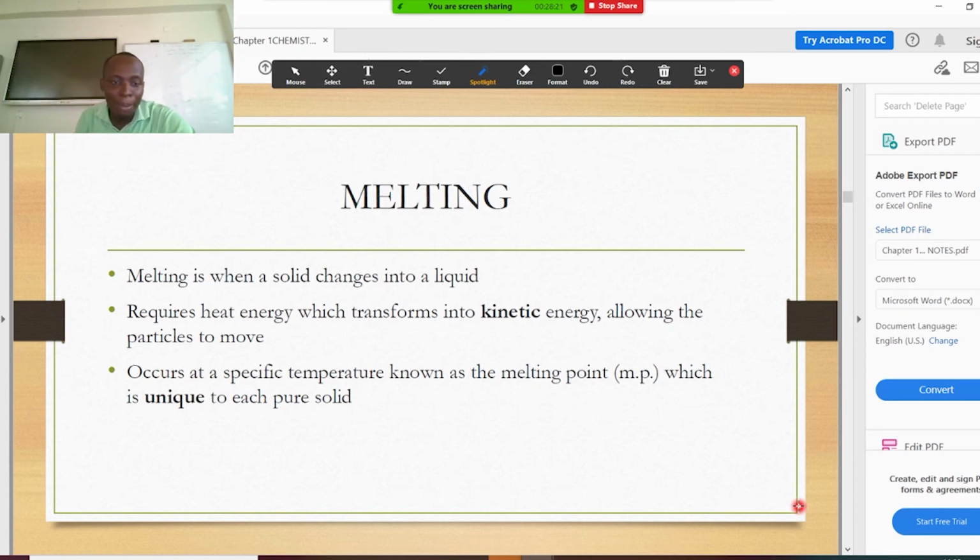For example, water melts at 0 degrees Celsius. The melting point of diamond is over 3,000 degrees Celsius, I think 3,550 degrees Celsius. So these are pure solids and they have their unique, or specific, melting point.